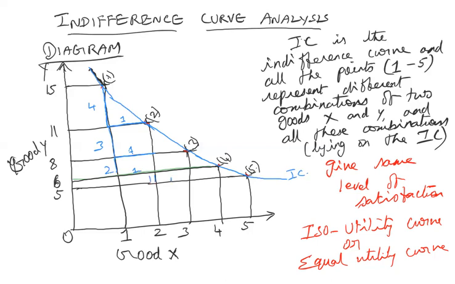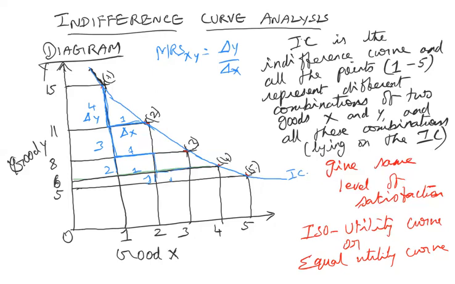So this is the marginal rate of substitution. This is delta Y, delta X. So MRS xy is equal to delta y by delta x. This is how the MRS xy keeps on decreasing.